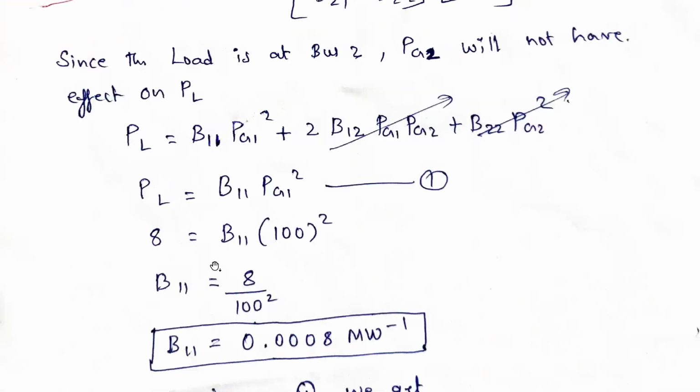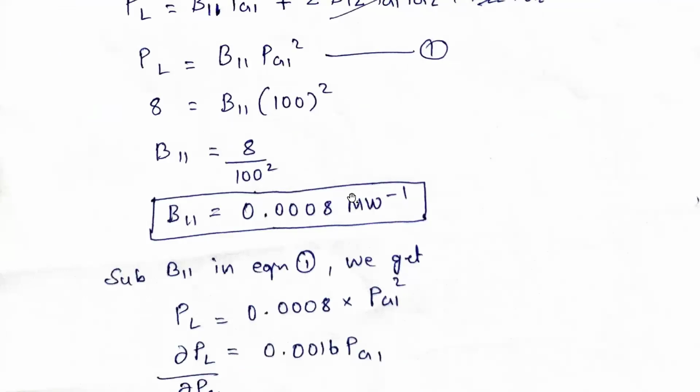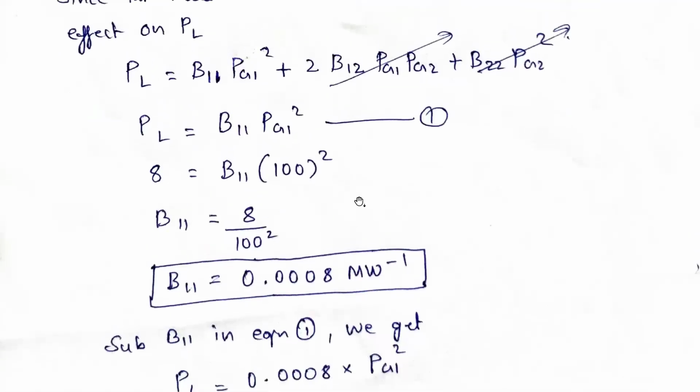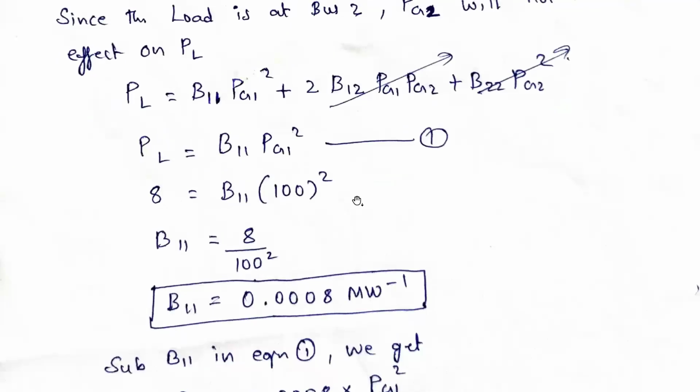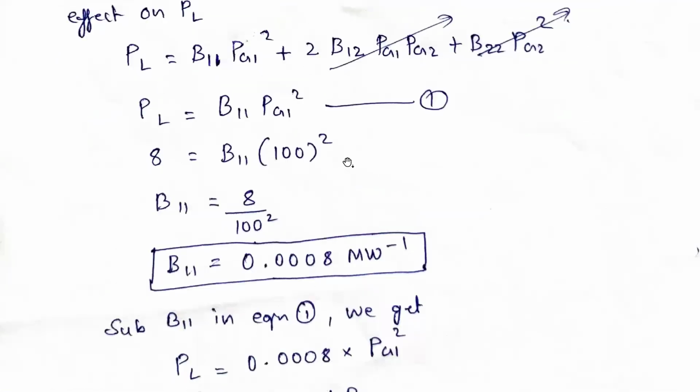On further simplification we get B11 as 0.0008 megawatt inverse. How this megawatt inverse comes, I have already explained in the previous formulation, please refer to it.